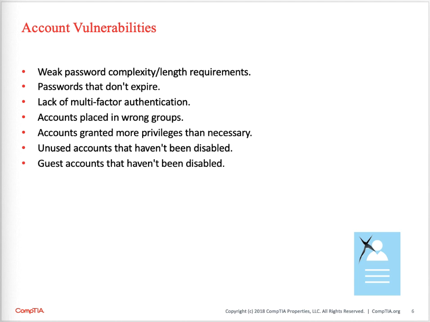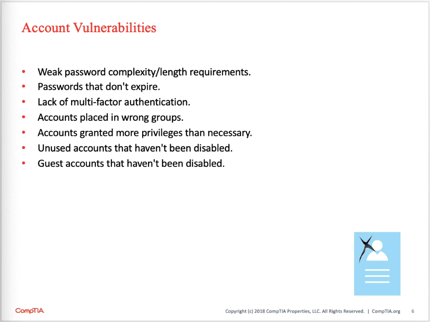So maybe you put in no password, or maybe your password was weak or didn't have the right amount of complexity or length. Maybe you have passwords that don't expire, right? And so maybe he's already gotten your password, and the password doesn't expire. They can stay in your network indefinitely, right?